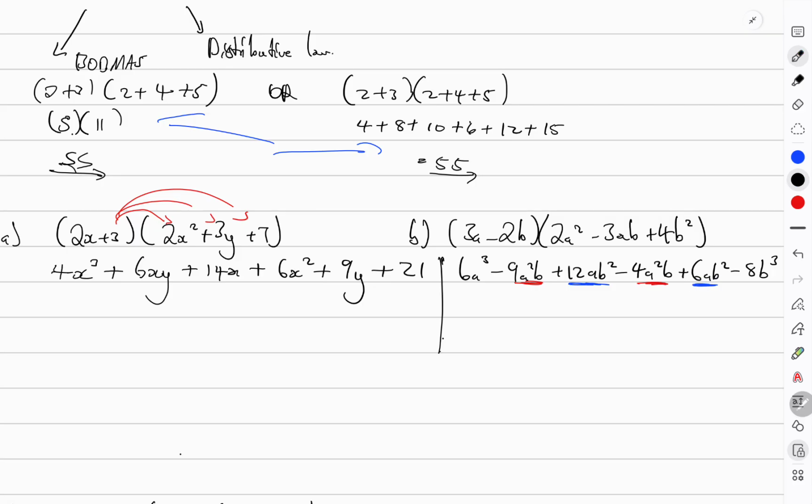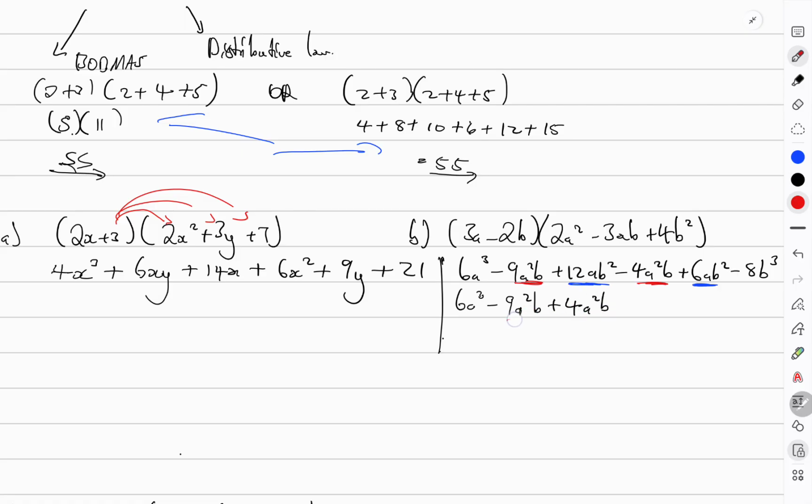Group your like terms together. It means I'm going to have 6a to the power of 3 minus 9a squared b. Therefore, this 9a squared b, I'm going to group with the 4a squared b as well, because those two are like terms.